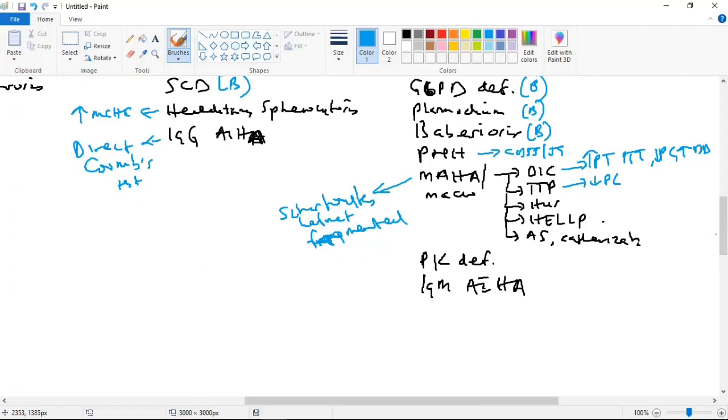Then we have IgM autoimmune, right? Those are the cold agglutinins. This is typically associated with what? With mycoplasma pneumonia infection. And so we have IgM that will coat red blood cells and they agglutinate and destroy red blood cells, usually in the periphery, in the vessels, primarily. And this is the intravascular, right, hemolytic pattern.